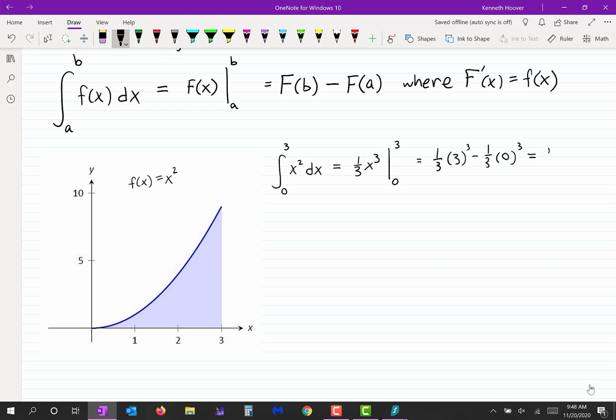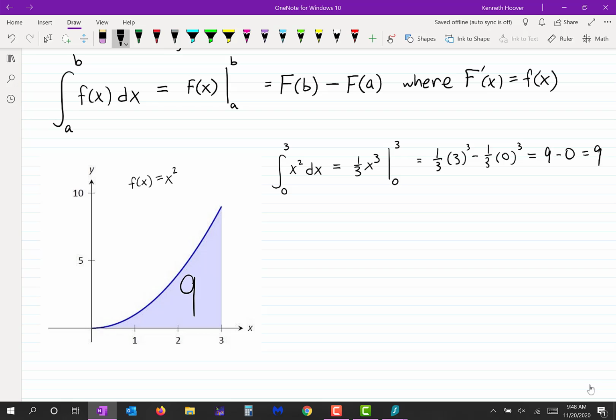And that gives me 9 minus 0, which is 9. So there are 9 square units of area that is shaded there. It's pretty easy as long as you know how to do derivatives, because the integral is just the derivative backwards. And then you just plug in the limits, and there you go.